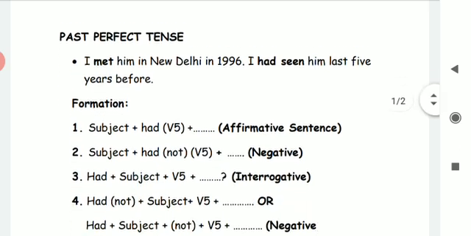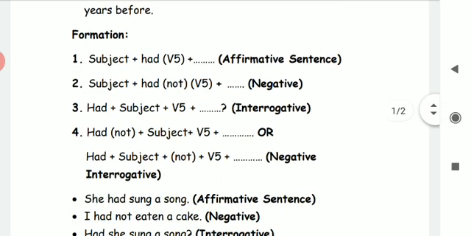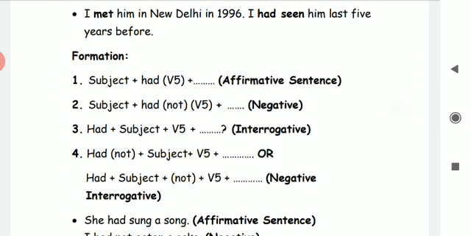Let us see the first sentence displayed at the bottom of your screen: She had sung a song. She is your subject. Had sung is had, which you are using in past perfect, plus V5.